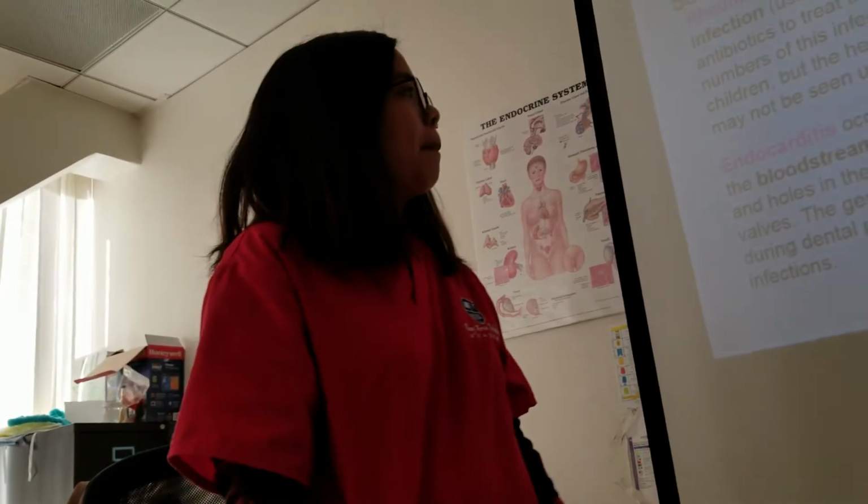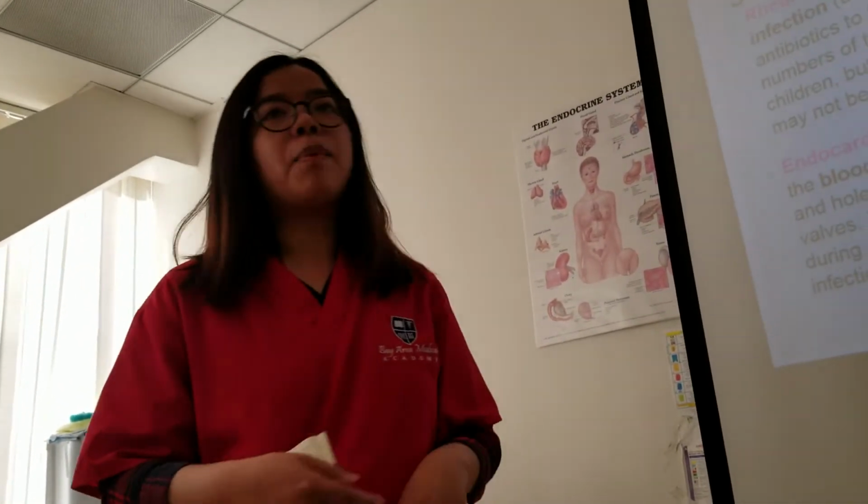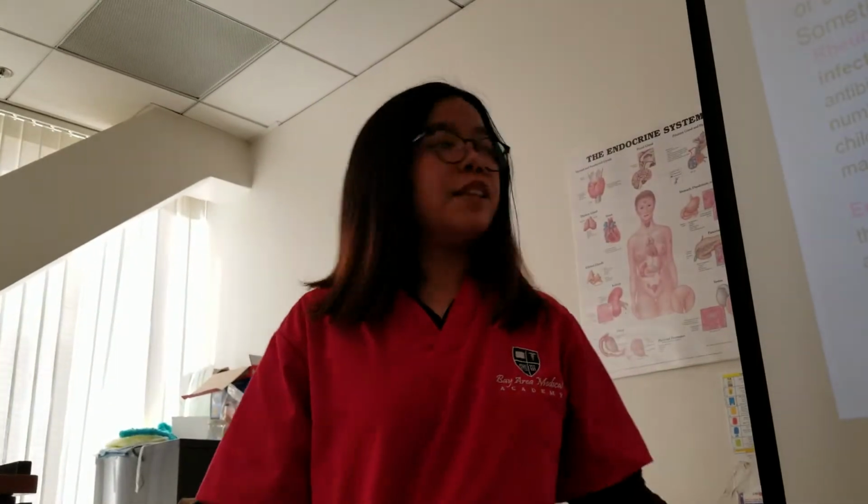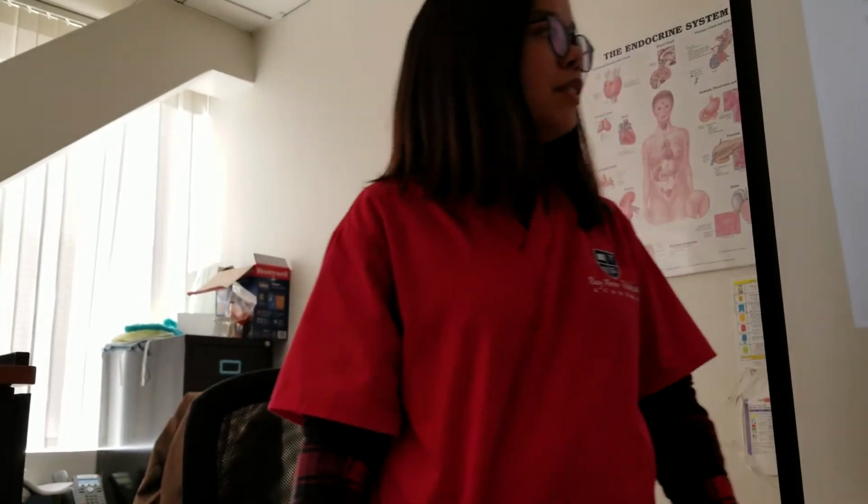That is when bacteria enter the bloodstream, which causes bacterial growth and holes in the valves that lead to leaking valves. The bacteria enter the bloodstream through ways such as dental procedures, surgery, intravenous drug use, or other severe infection.